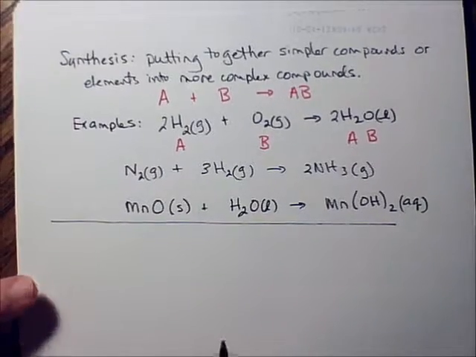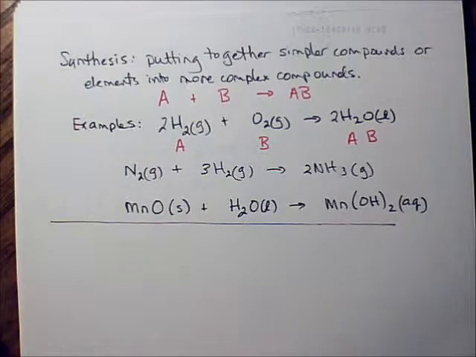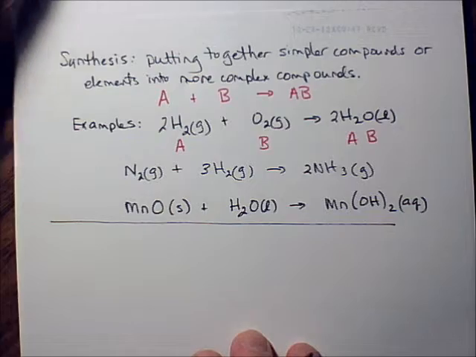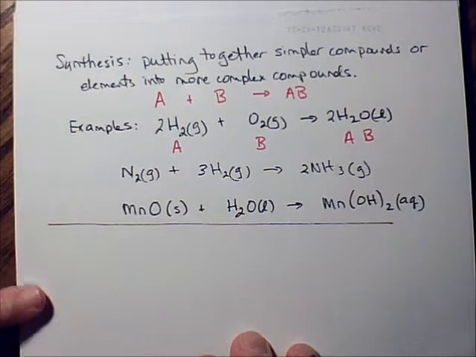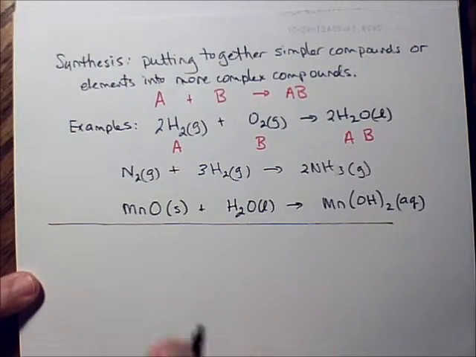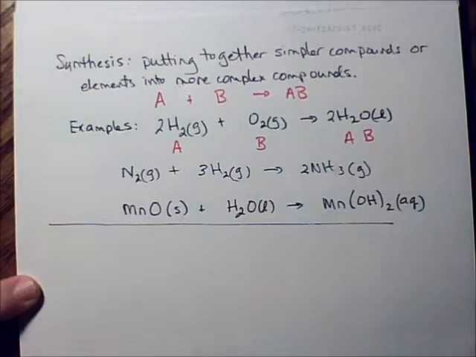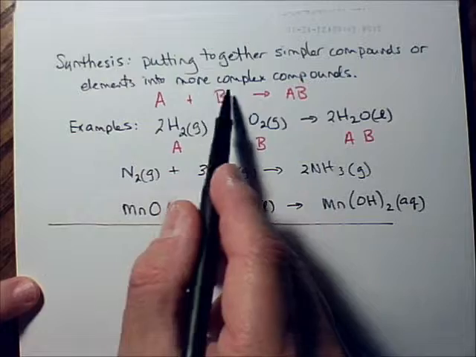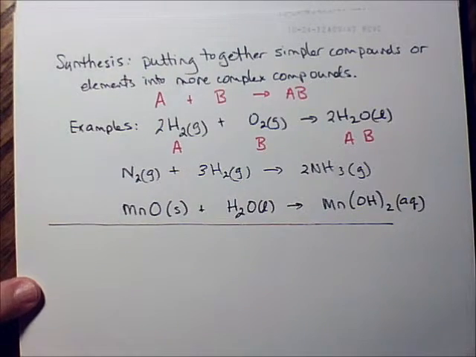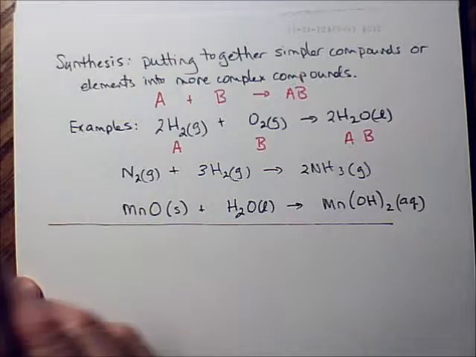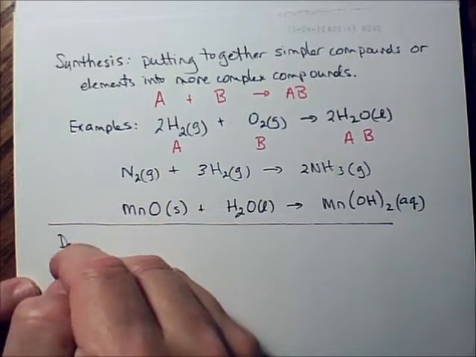All right, do you understand? Is there any question about synthesis and how to recognize it? Okay. Synthesis is simply putting together simpler elements or compounds into more complex forms. Okay? All right, let's do decomposition now.